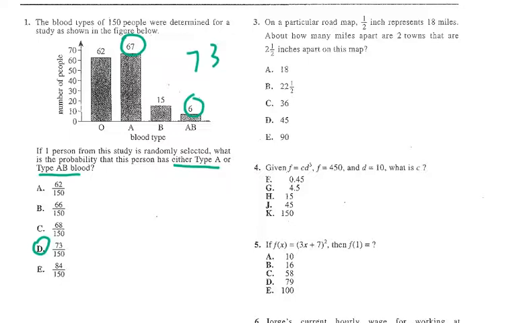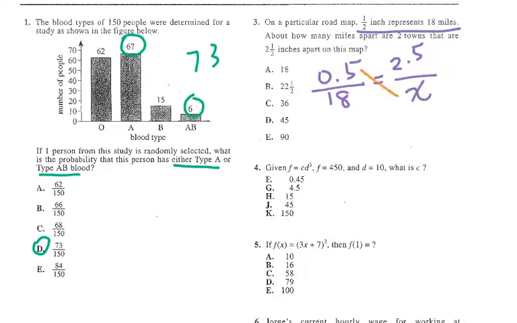For number 3, this is a ratio question. You have 0.5 inch representing 18 miles. I can write down 0.5 over 18. Then we're looking for 2.5 to be x. Then you do cross multiply, and your answer will be 90.